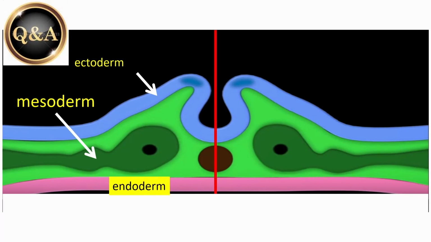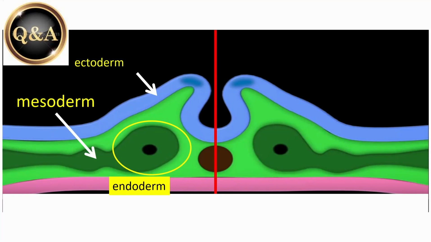Then we have the lower paper of the three, the lower layer of the embryo, called the endoderm. For example, the lining of your stomach and intestine is developed from this endoderm.